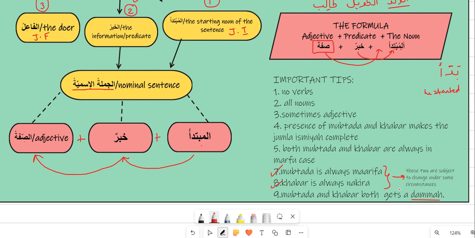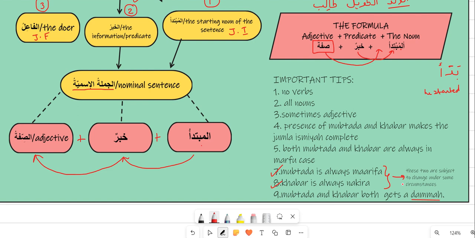It is the shibh jumla, and it has some different rules. So when it comes, we have different rules for the mubtada and for the khabar. For example, a mubtada can sometimes come nakira, but when it does, we have some different rules to follow. And a khabar sometimes may come marifa, but that time we have to follow some different rules.